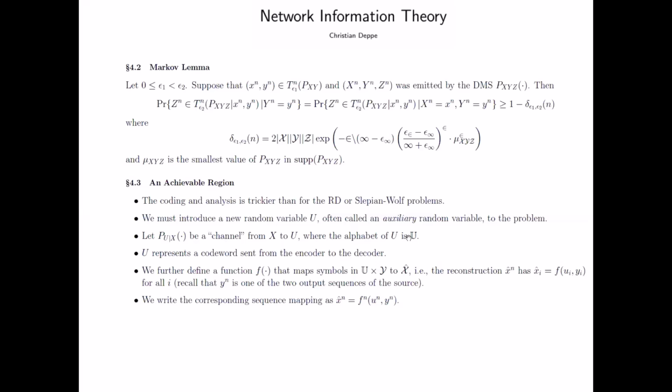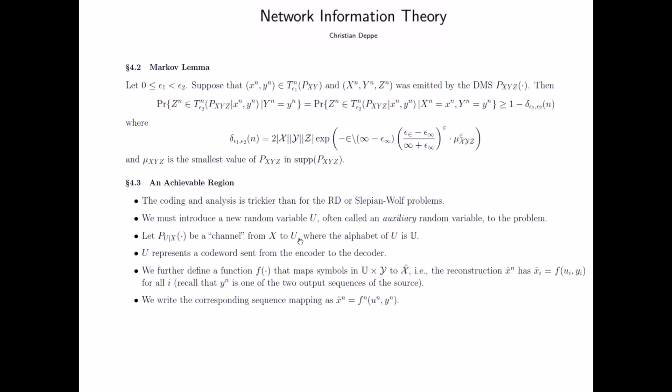So in principle, it's the same as what we do in Slepian-Wolf, but the thing that is different is that we don't use directly the alphabet X, we use the alphabet U here. Somehow we decouple the output of the source from the coding. You can have the feeling that we use a bigger alphabet and we have more possibilities.